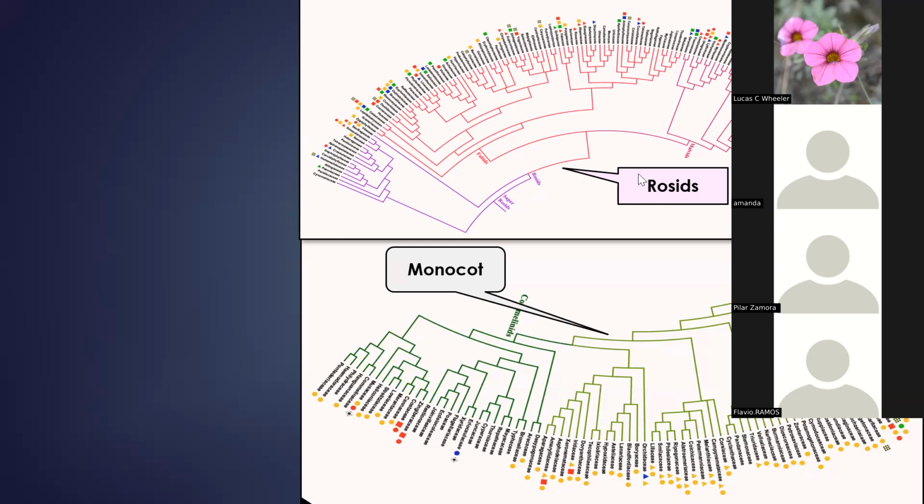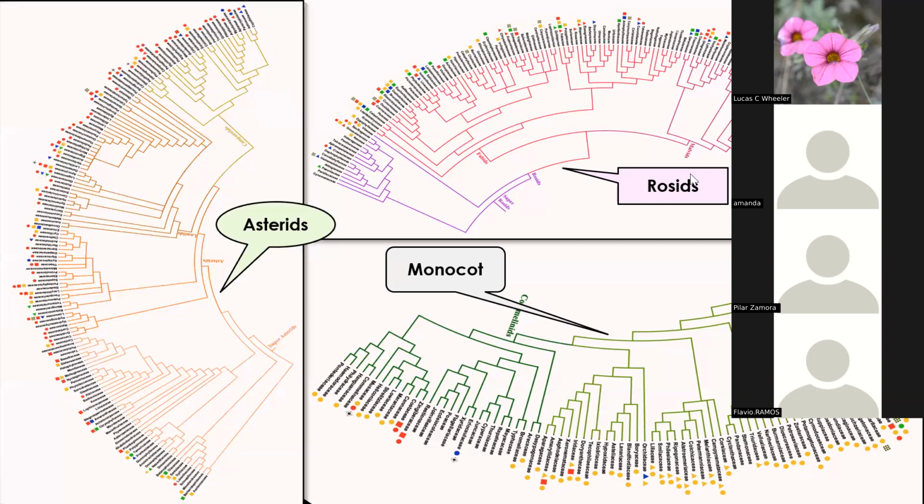So with this analysis, I could understand how many transition events are associated with different types of nectary, and developmentally and molecularly, where the different regulators could be: whether the same regulator is responsible for the same type of nectary, or multiple transition events have happened.